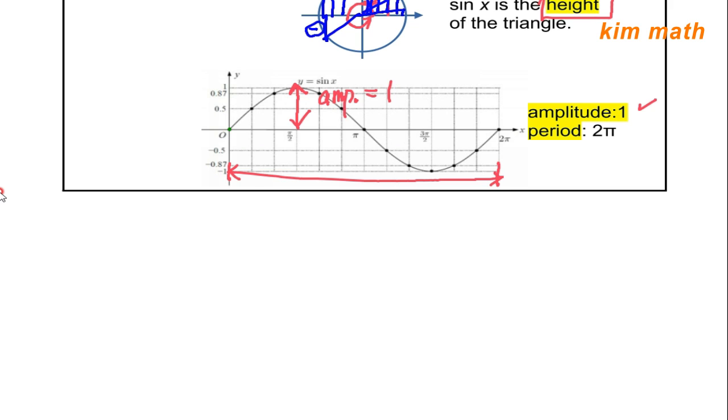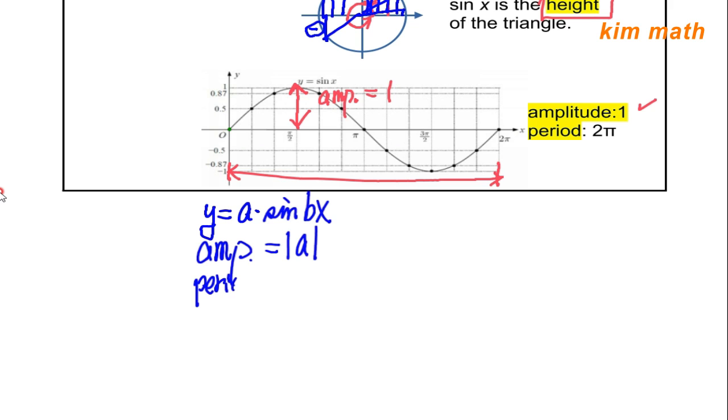Okay, so let me generalize this idea. If you have y equals a times sine of bx, then amplitude is the absolute value of a, and period is 2 pi divided by the absolute value of b.